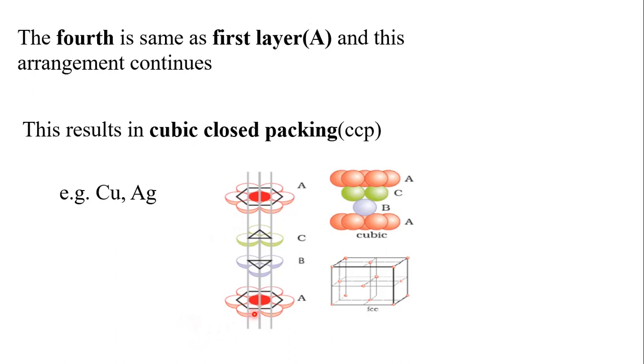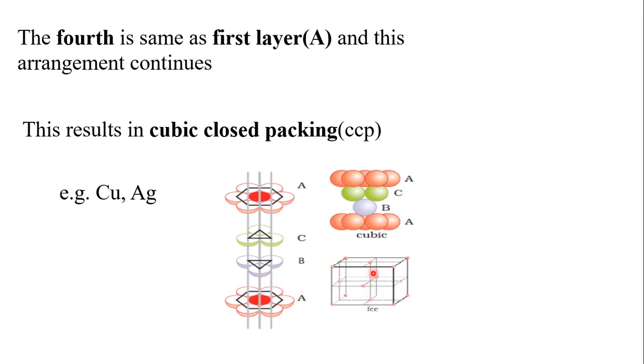Like this type of arrangement is there. A layer, then this B layer, C layer, and then if you again arrange the fourth layer, the arrangement is repeated. That is, every fourth layer is identical with the first layer, and every fifth layer is identical with the second layer, like this.